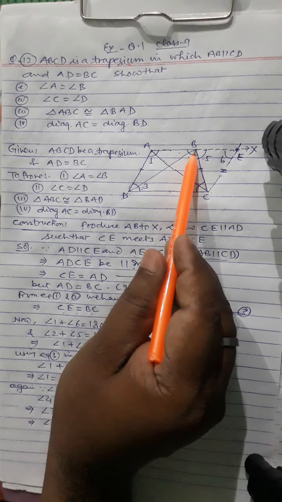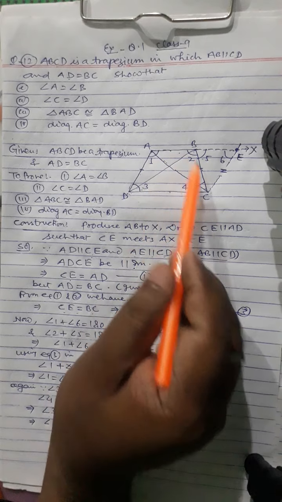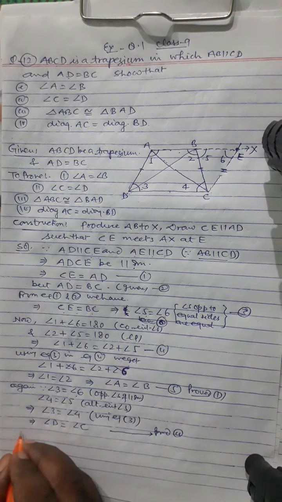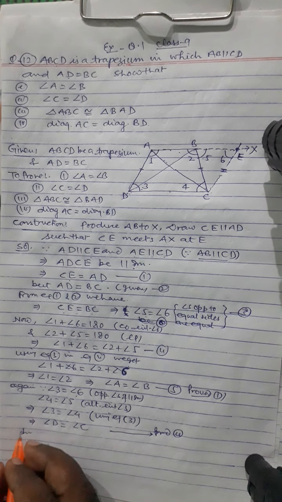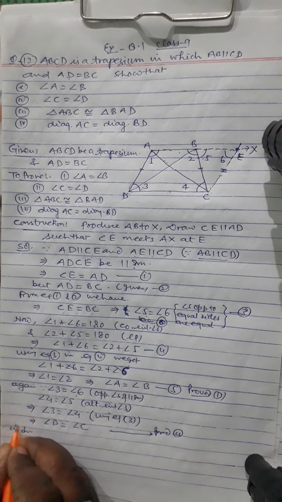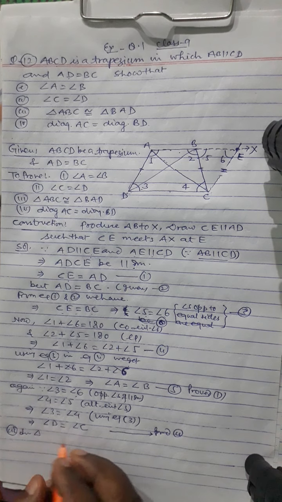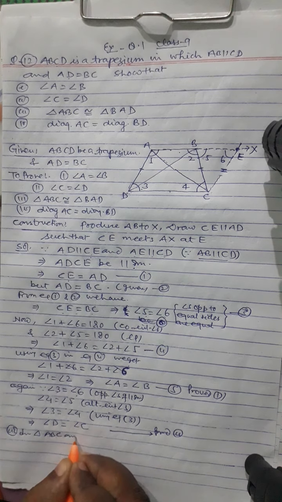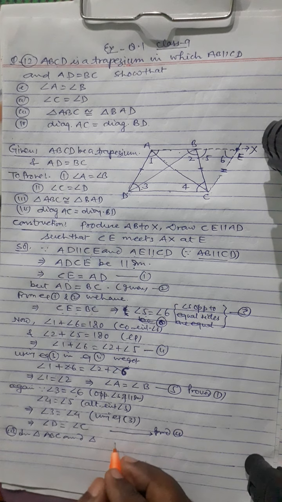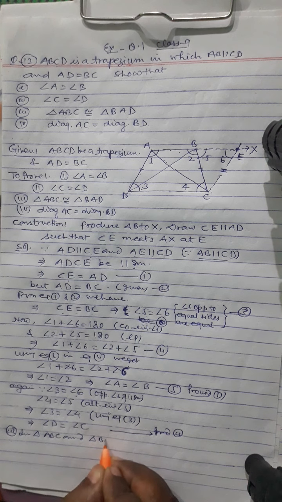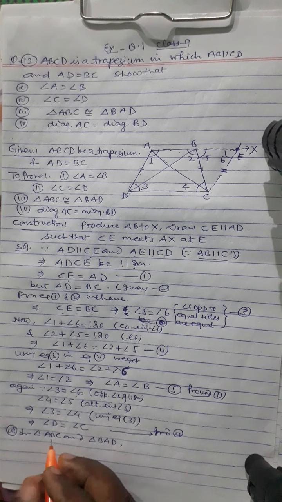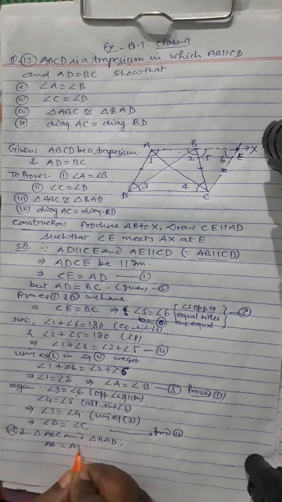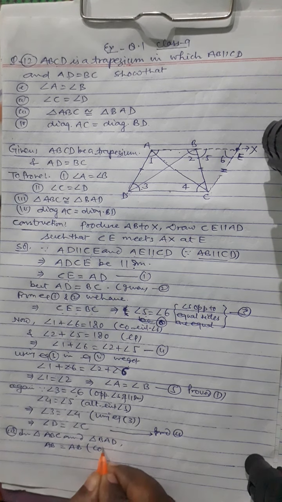And now we have to prove triangle ABC is congruent to triangle BAD. This is the third. In triangle ABC and triangle BAD, AB is equal to AB, which is common.